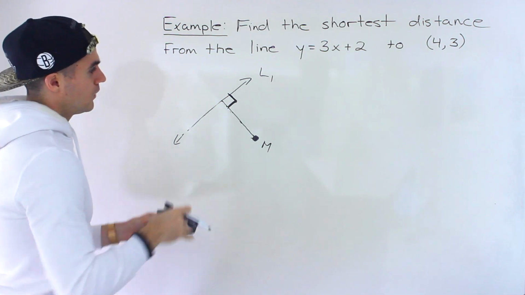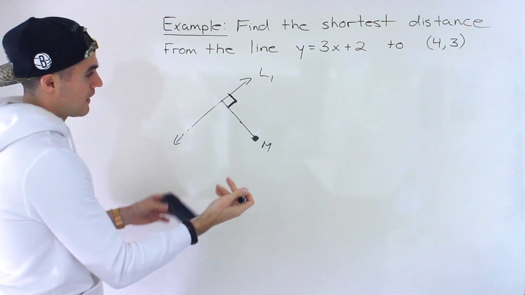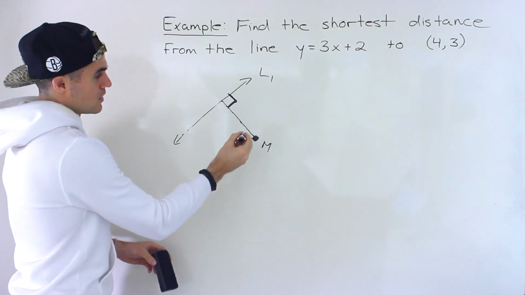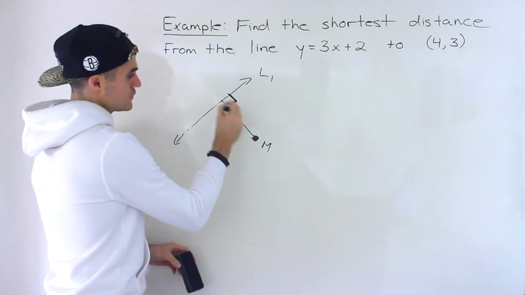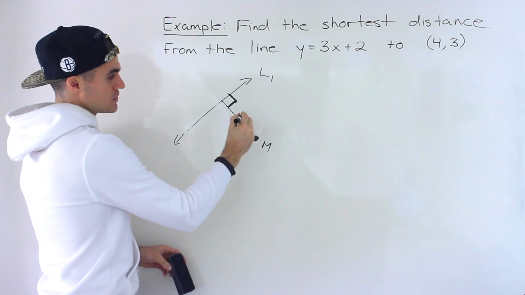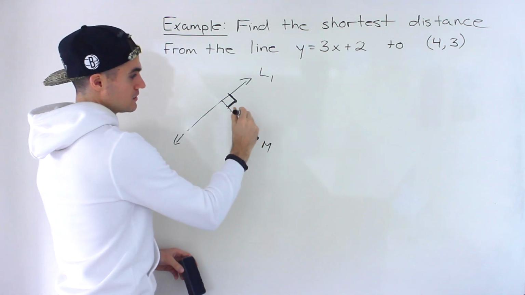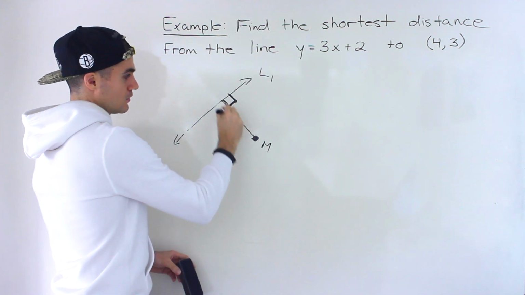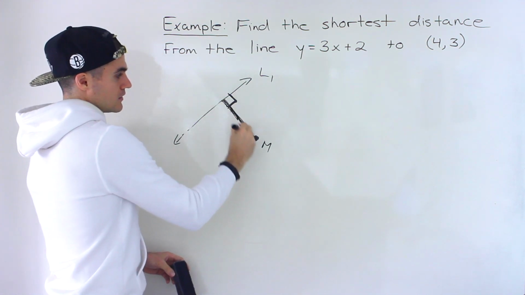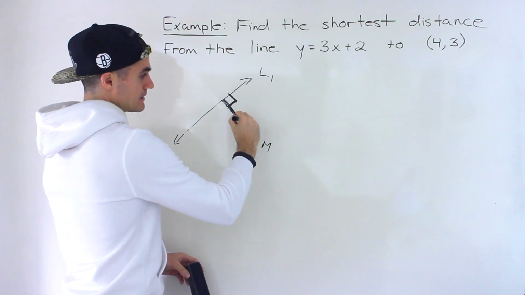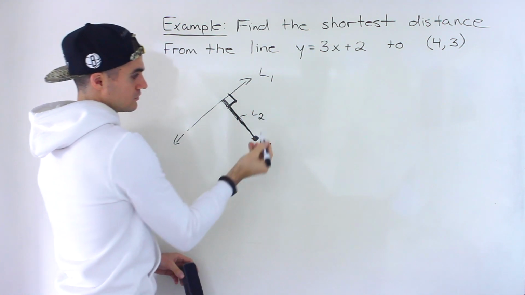So what are the steps here? How would we find this distance? Well, the first thing we have to do is find the equation of this line over here. Let's call this line L2.